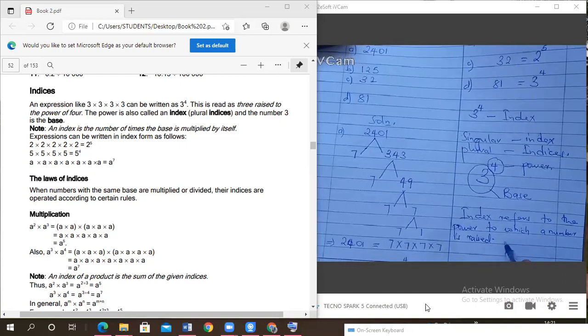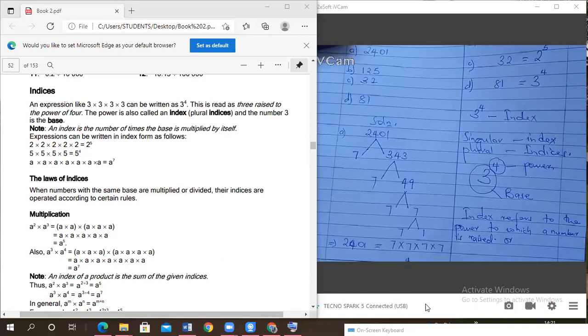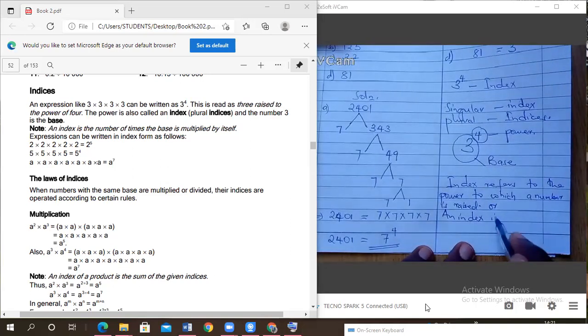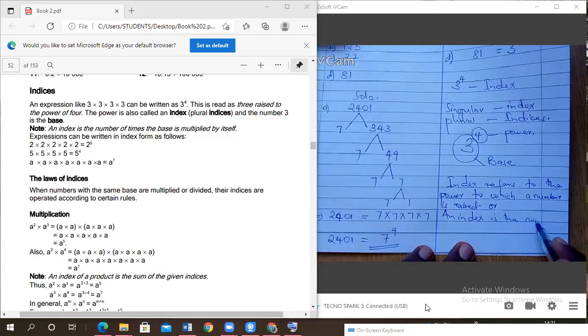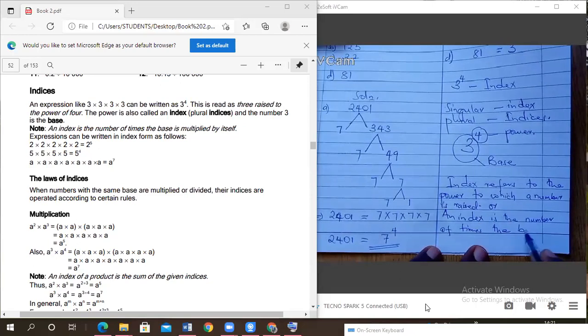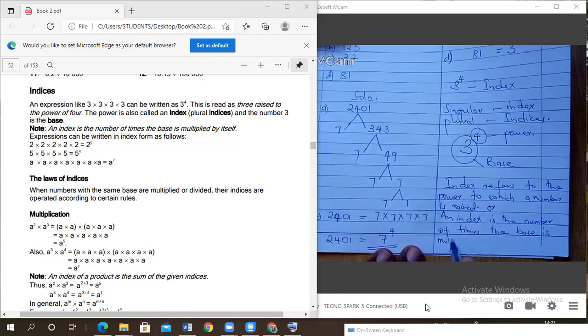Or we can say an index is the number of times the base is multiplied by itself.